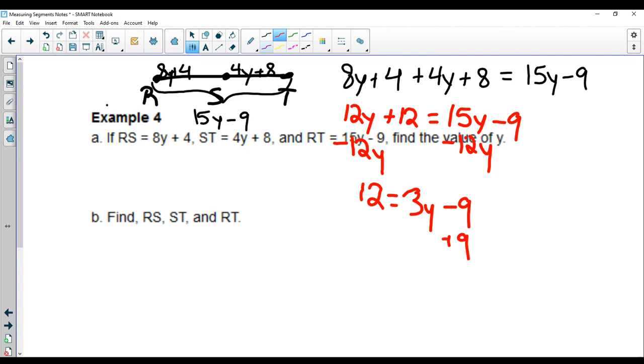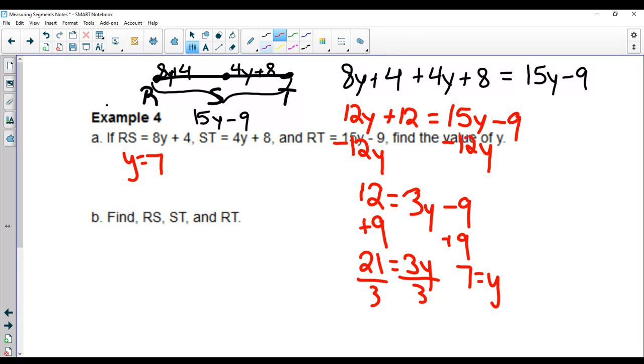It's negative, so I'm going to add. That's 21. I have a 3 in front being multiplied, so I divide 3. So 7 equals y. Or y equals 7.